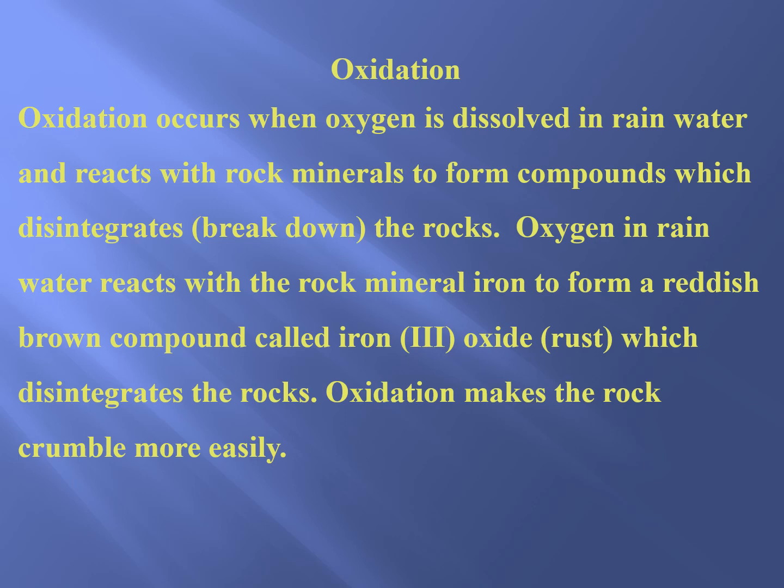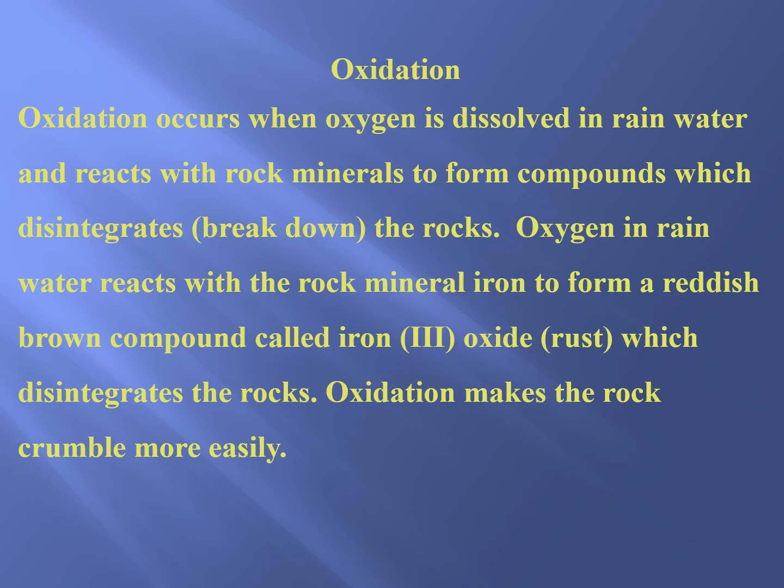You see, students, iron 3 oxide is a weaker form of iron, and therefore it is unable to keep the rock structure strong. Therefore, once the iron is converted into iron 3 oxide, it means that the rock structure is very weak, and therefore in time the rock itself will break down.